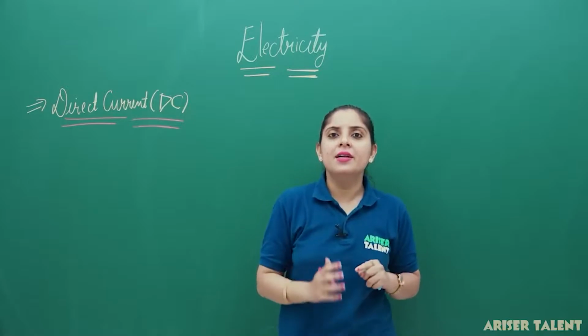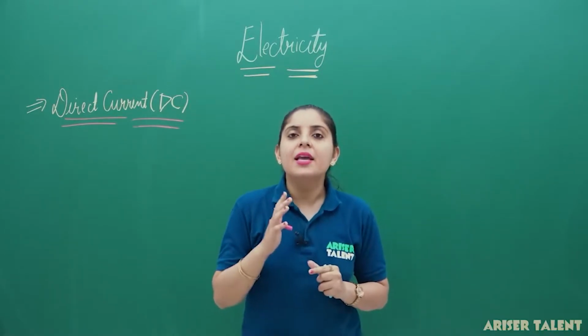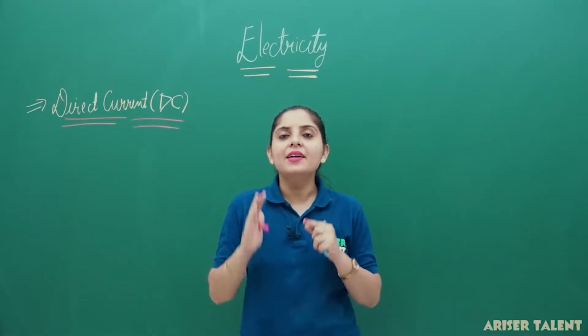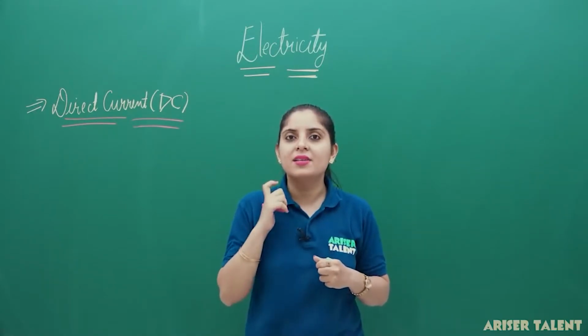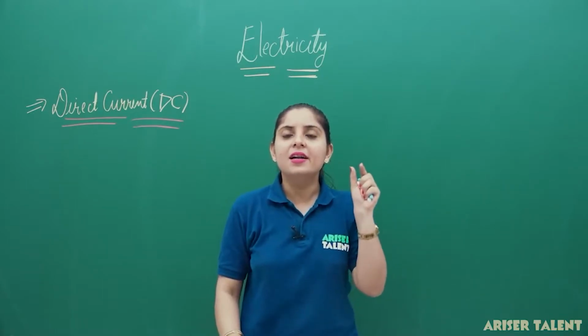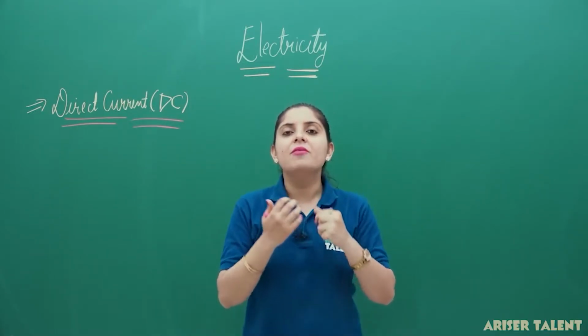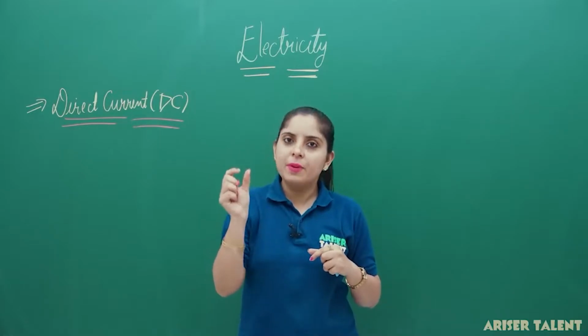It means the current which does not change with time is known as direct current, and the current which changes after each and every cycle is known as alternating current. As the name indicates, alternating means its cycle will repeat itself after a fixed period of time.